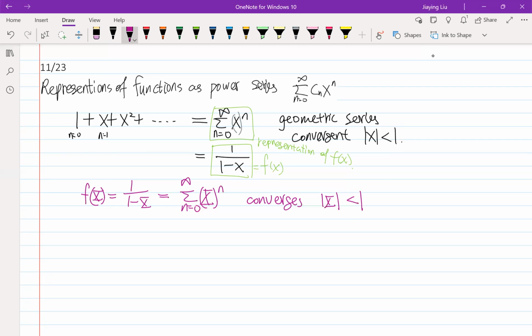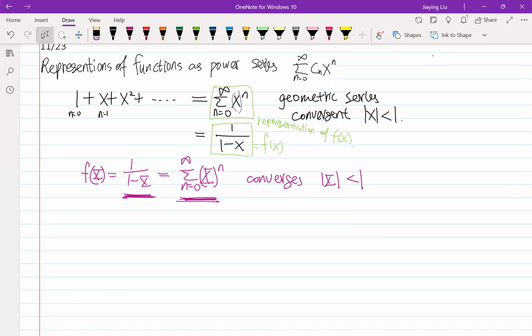So that's the first technique, which is using the geometric series, but generalized using capital X here. Whenever we have a function, if we can put it into this form, then we know what the power series looks like. We literally just take the capital X and put it into the sigma notation. So that's a starting point.